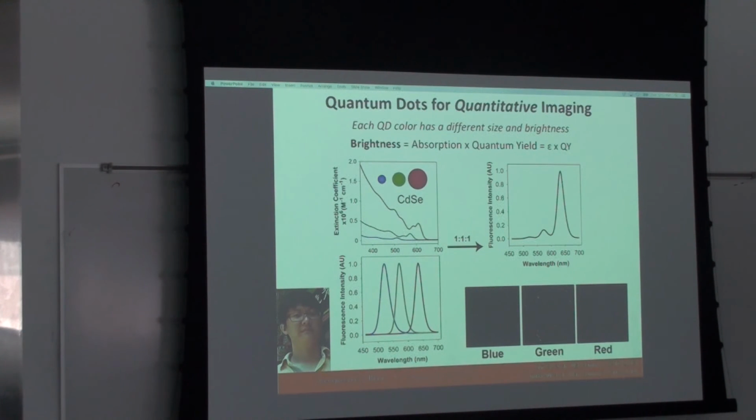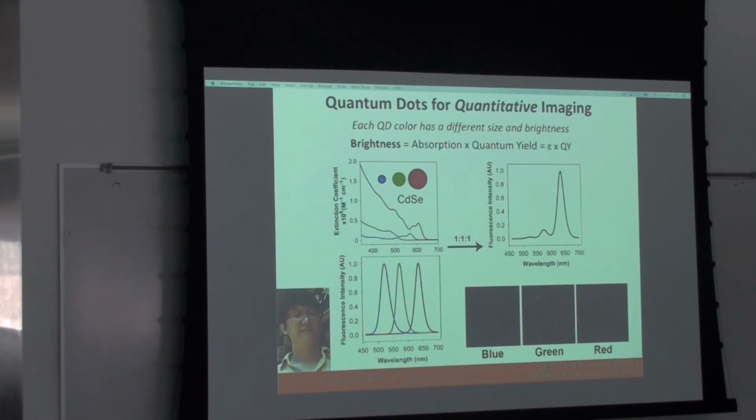You can predict things like absorption really well, but fluorescence is really difficult to predict, except for quantum dots. So this is the concept of quantum confinement. Blue, green, red, you get these different colors by tuning the size. And that's great. You can tune the colors many different wavelengths all across the visible spectrum. But a big negative attribute of this is that because the sizes are different, you get different brightnesses.